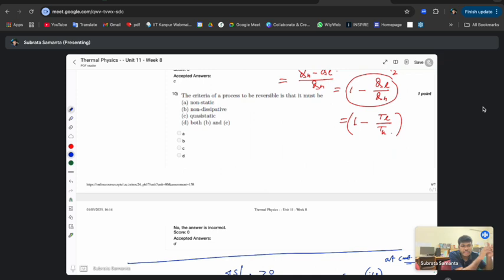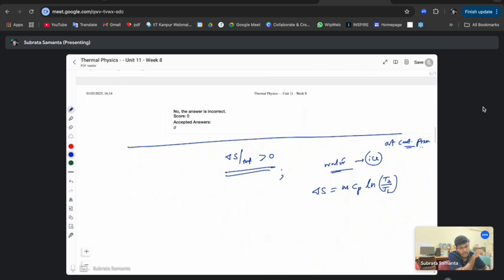Yeah, so basically you're changing the T1 and T2 values as well, right? So in this case, what is the value of T2? The convention is that ln x over y is basically minus ln y over x, right? So now we always use T1 as the initial state and T2 as the final state.